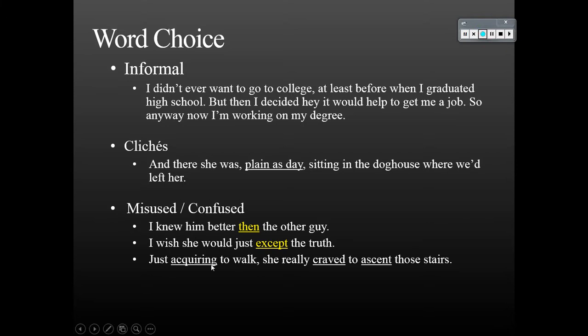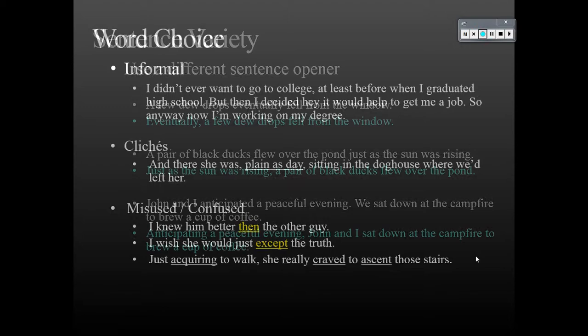So: just learning to walk, comma, she really craved, I don't know, I suppose you could crave to walk up those stairs, but that's kind of an overstatement. She really wanted to ascent would mean go up, but this is the noun form. It should be ascend, ASCEND. All right, so be careful.